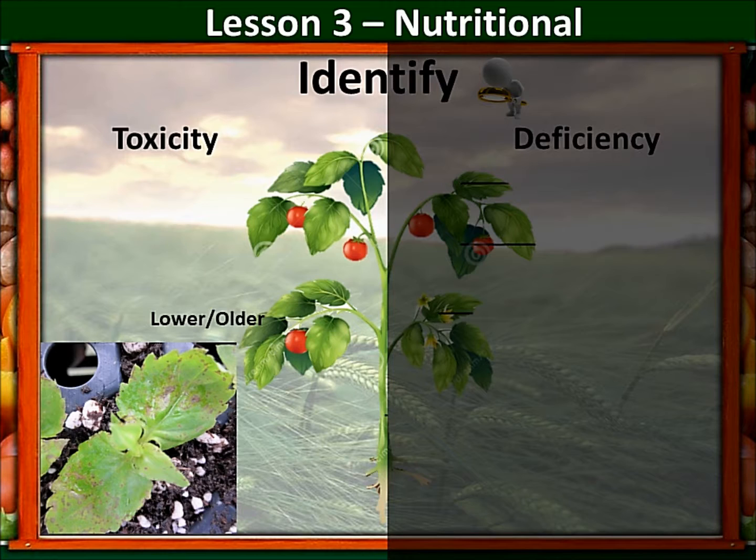Why? Because if a nutrient is toxic, it is in a toxic levels. Therefore, desta forma, it will accumulate more on the older tissue. Então, o nutriente vai se tornar em níveis tóxicos dentro da folha mais velha, antes de ter os níveis tóxicos também nas folhas mais novas.